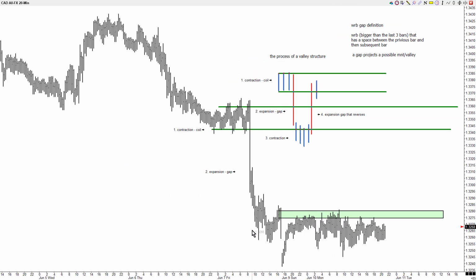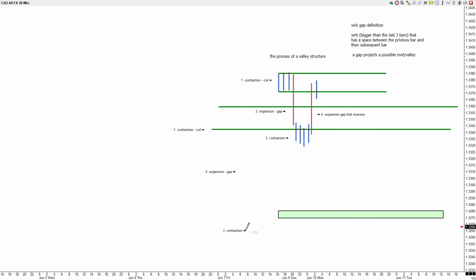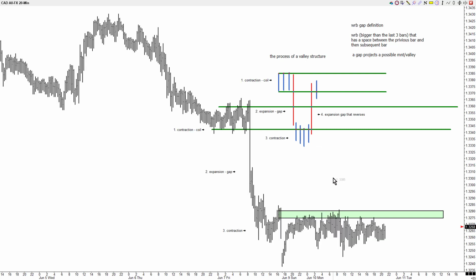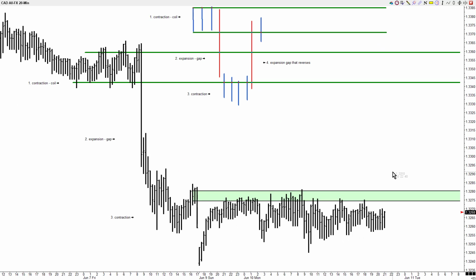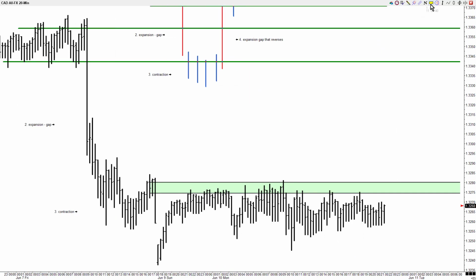So if we're sitting with a chart and we're mapped like this very simply, and we're at step 3, we don't know if this is going to expand down or back up. We have no idea. But look at price. This is very simple. Just look at price.